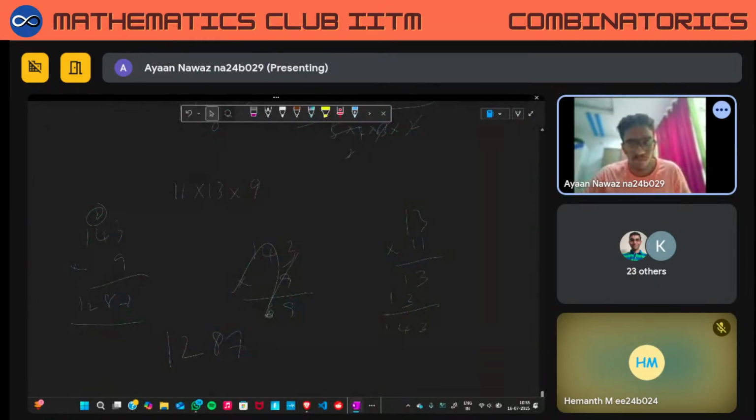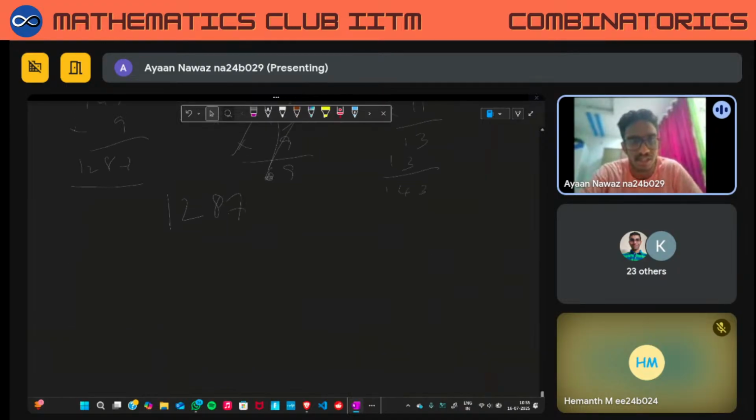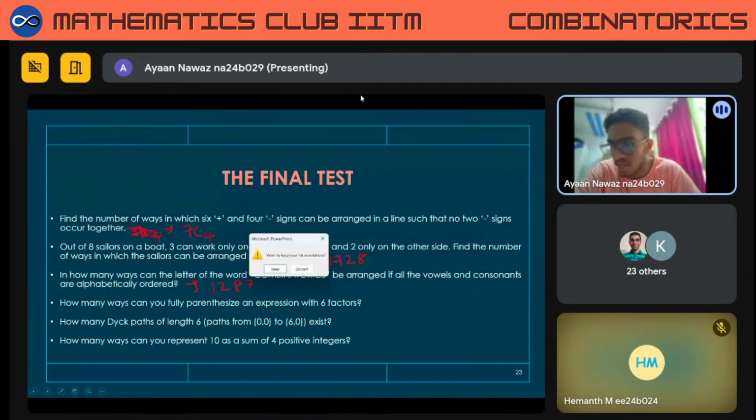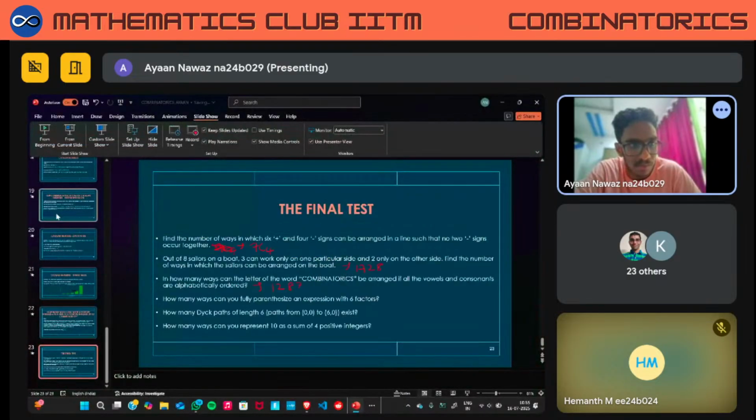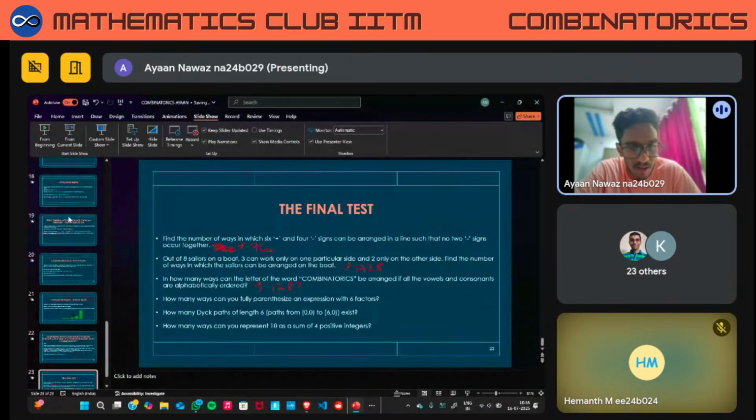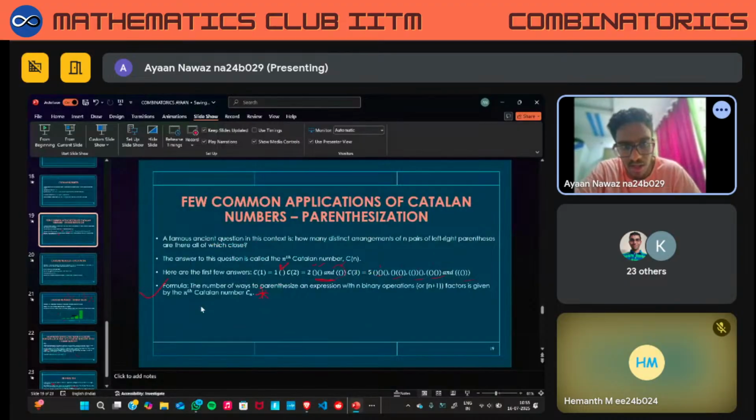Why 42? Because there was this equation back then where I had highlighted that the number of ways to parenthesize an expression with n binary operations, or n plus 1 factors, obviously, is given by the nth Catalan number, that is Cn. Binary operations have to come after a particular factor.